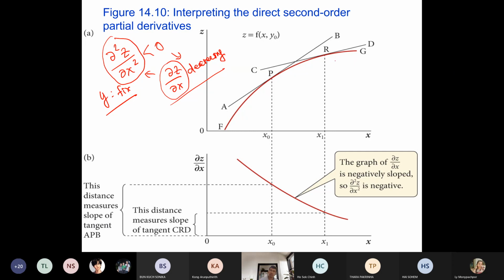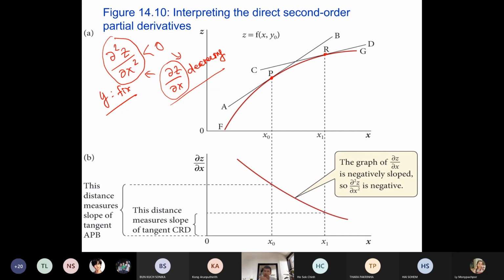So this is the case when the second derivative is negative, and if you look at the point P, the slope is larger than the slope at R.